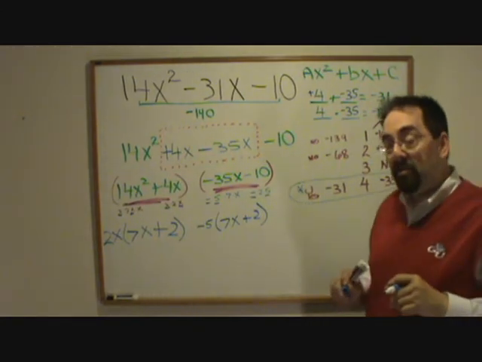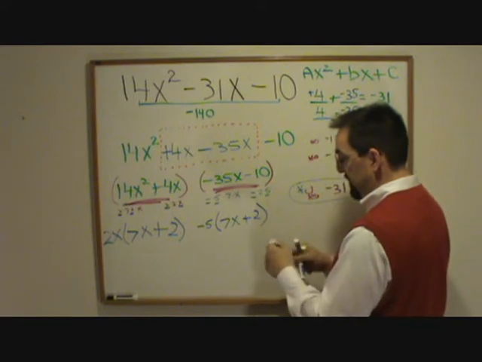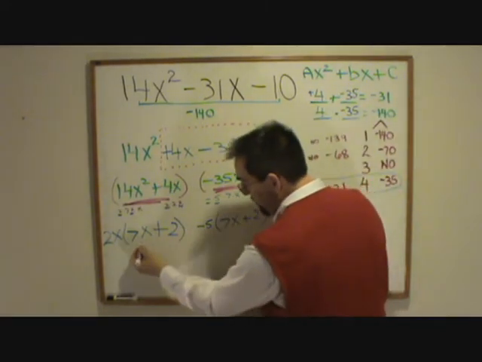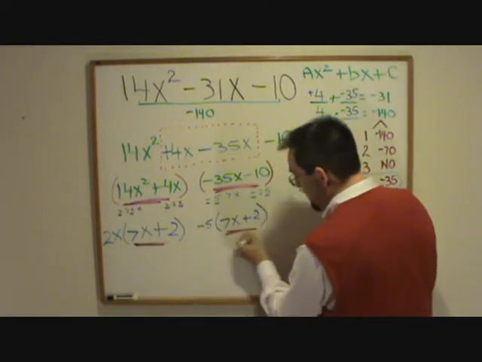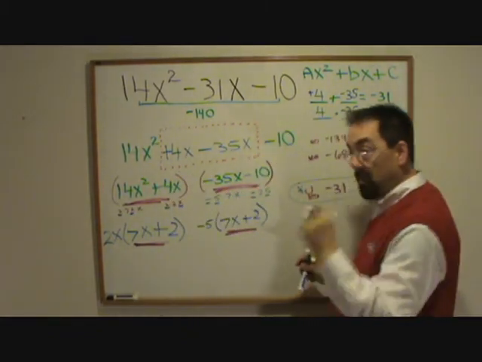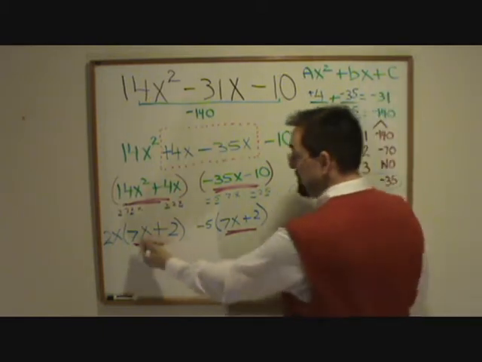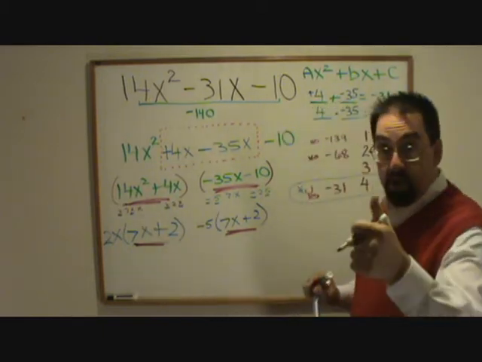If we think back a couple of those tutorials, we remember that when we get to this point, if these two quantities match each other, we know we did it correctly. If they don't match, we made a mistake. So 7x plus 2 is common to both.